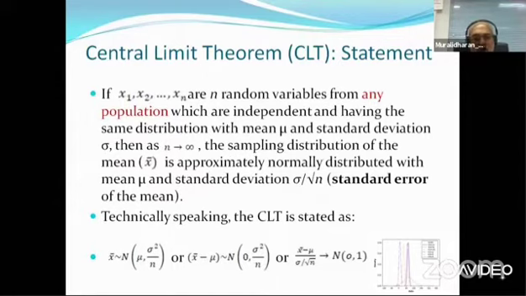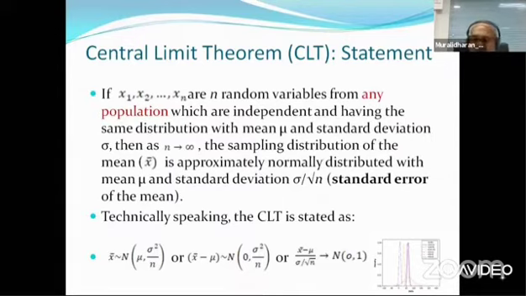Or if you standardize, x bar minus mu follows N(0, sigma square by n). Further standardizing, if you divide by sigma by root n, that will follow N(0,1). This is how the CLT is stated in different reference books and literature. All three expressions are the same.